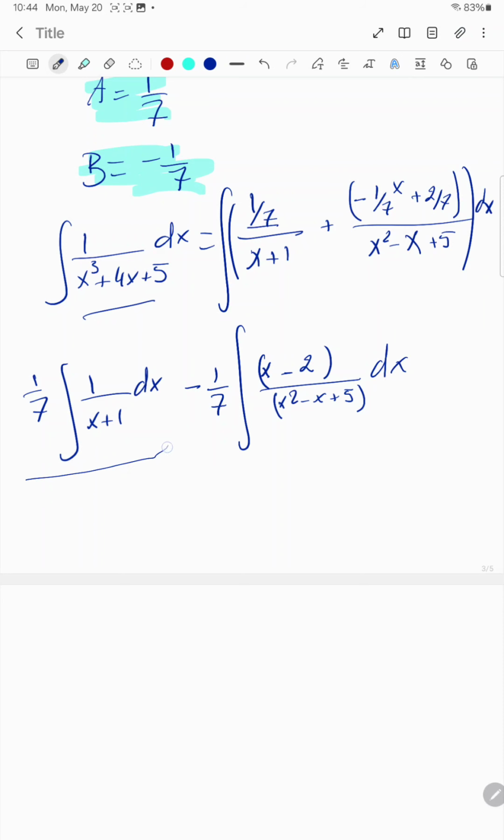Let us solve this integral. The first integral, it's easy to solve. This will become equal to 1 over 7 ln the absolute value x plus 1 plus c1. Why absolute value? Because ln of a negative number does not exist, and if I say let u equal x plus 1, it will become 1 divided by u, and the integral of 1 divided by u is ln of u, and my u is x plus 1.